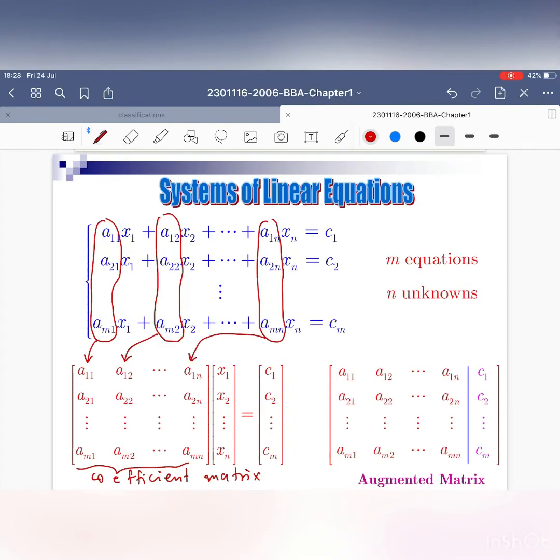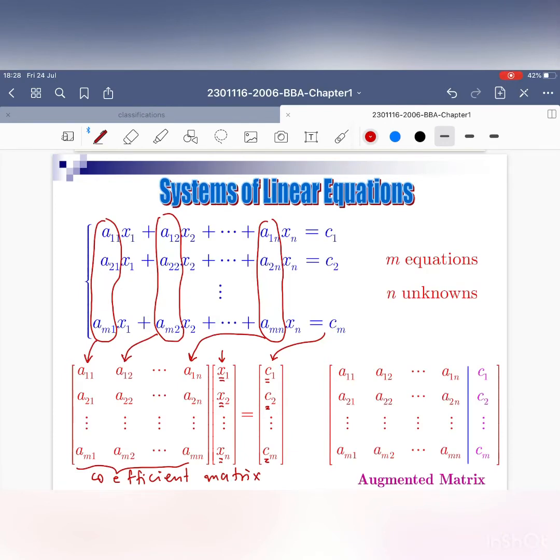And then you multiply with a variable matrix, and this variable matrix is ordered from x sub 1, x sub 2, etc. to x sub n, and here is all your right hand side constants, c sub 1, c sub 2, etc. to c sub m.